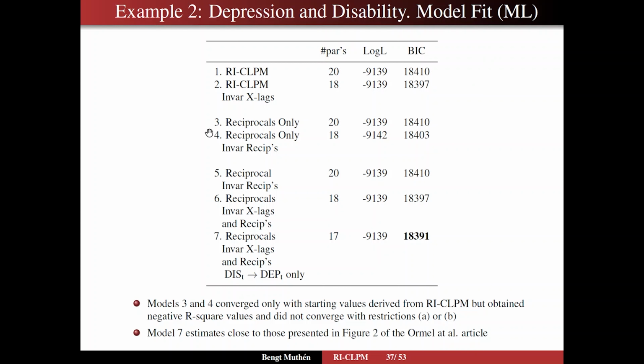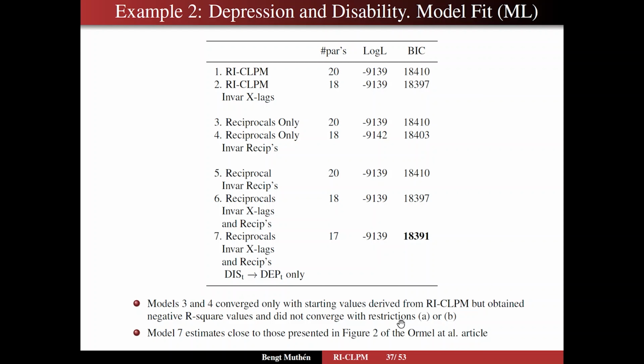Now, an interesting little side note for models 3 and 4: they had a hard time converging, and they would only converge if you use starting values that you can derive from RI-CLPM using formulas in the Usami paper. You can actually compute what they should be and then put them in as starting values. If you have an extra hard time, you can put them in as fixed values, and then once you have the other parameter estimates you can free them.